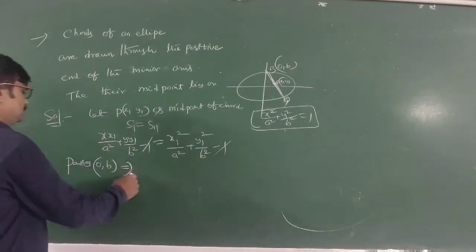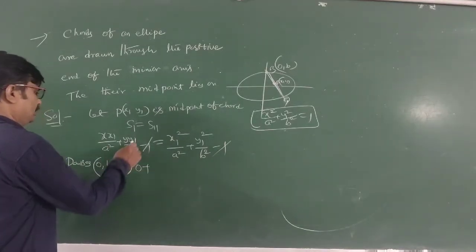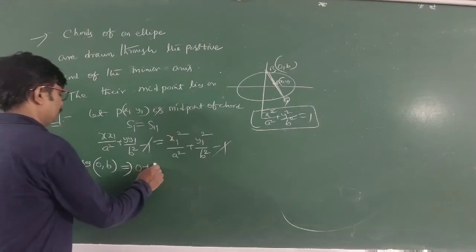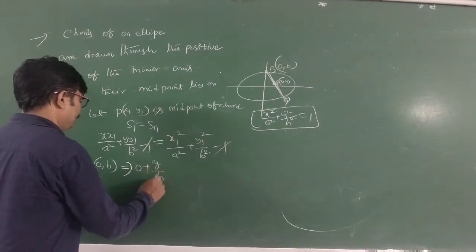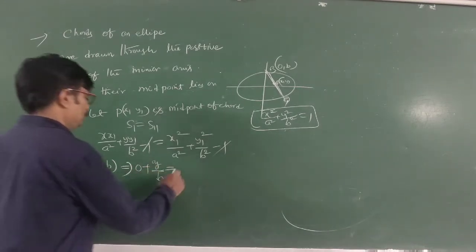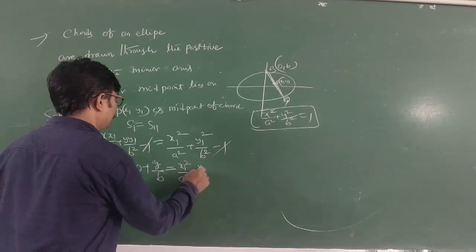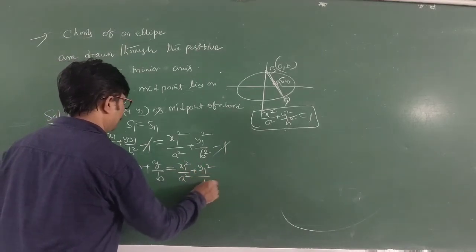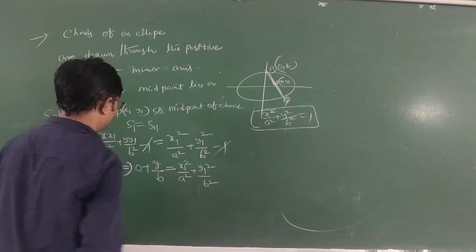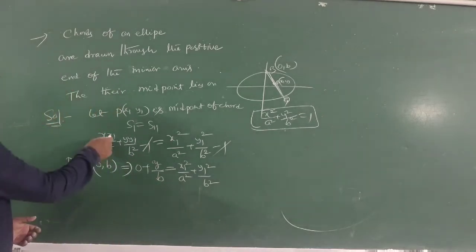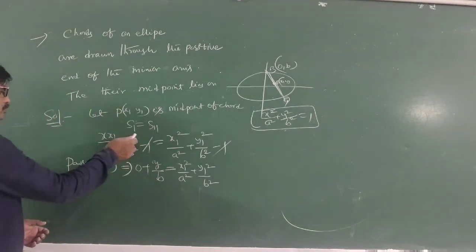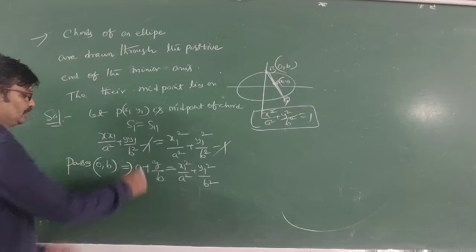So students, with x is 0 and y1 is b, b by b square is y by b, equal to x1 square by a square plus y1 square by b square. So when we are taking x1 as 0 and y1 as b, b by b square is y by b.